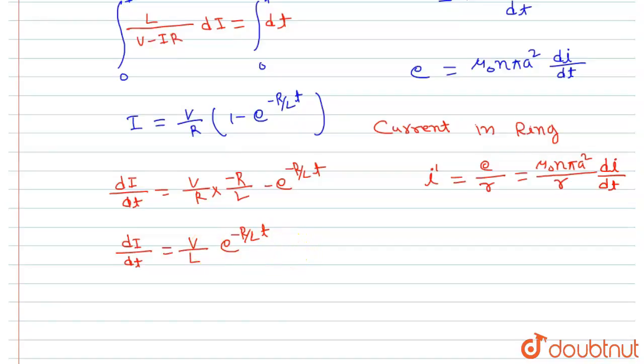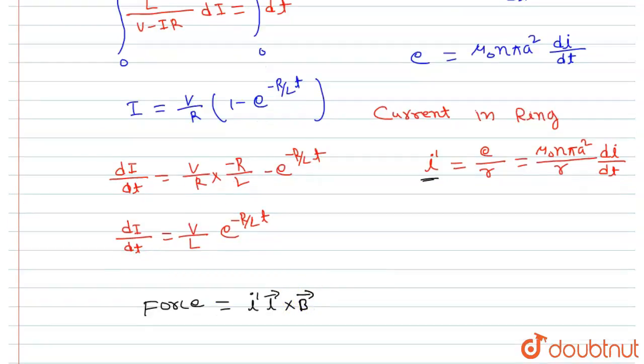Now we have to find the force per unit length. So force is equal to I L cross B. Here we have to take I dash, the force due to this current. So I L cross B is this force. Clear?